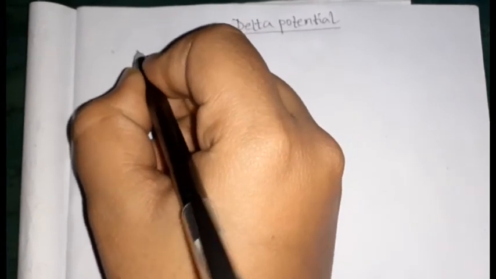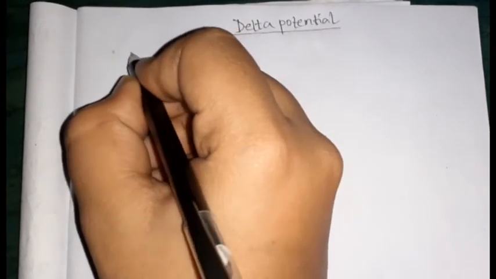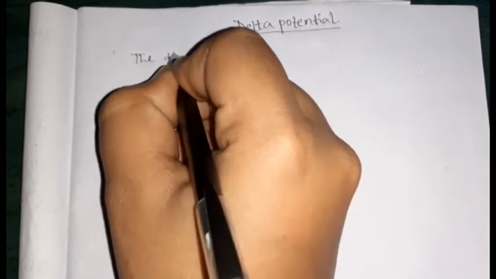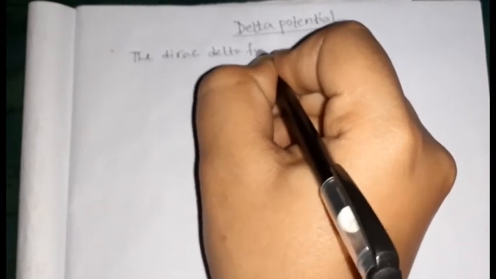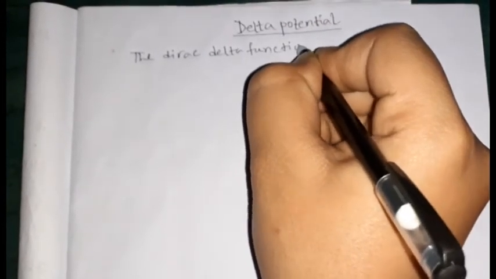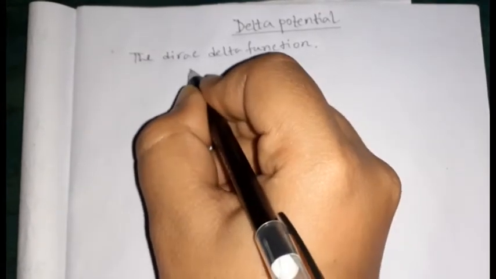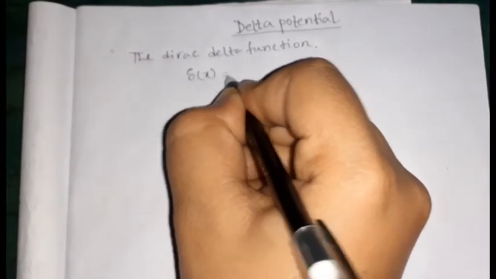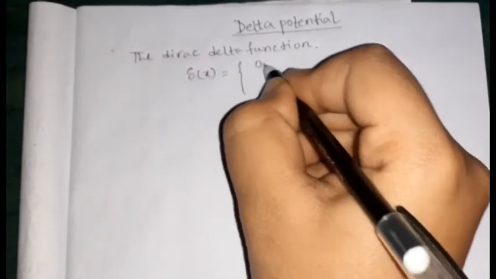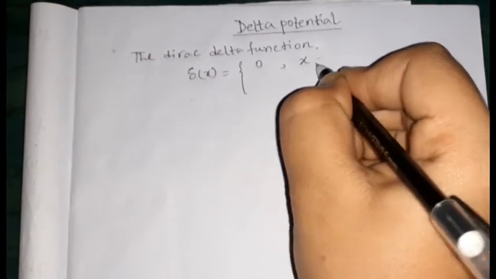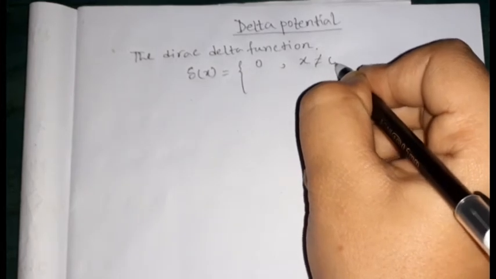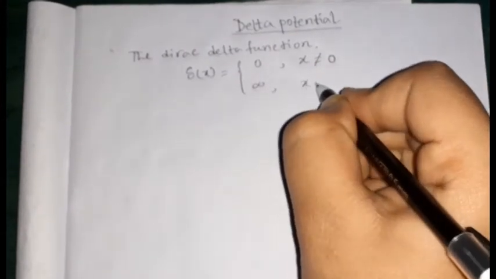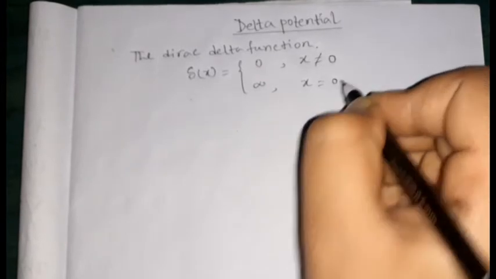And we are going to solve the potential. So first we have to know about the Dirac delta function. The Dirac delta function is denoted by δ(x), and it has the property 0 at x not equal to 0 and infinity at x equal to 0.